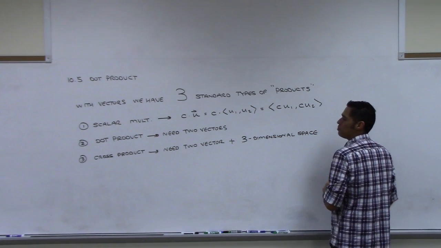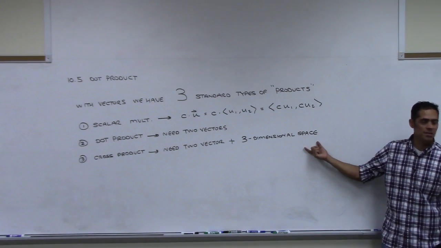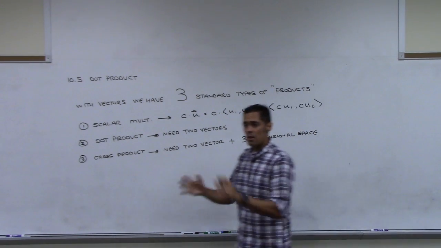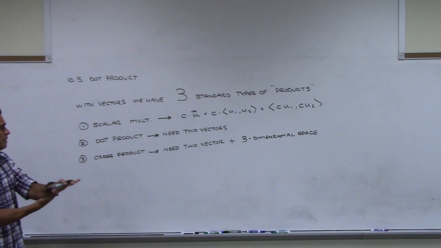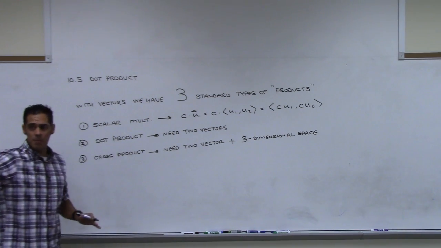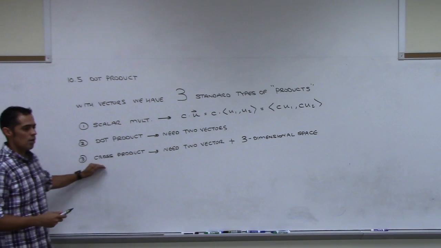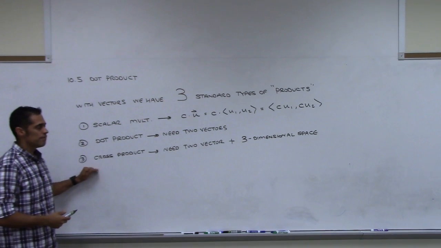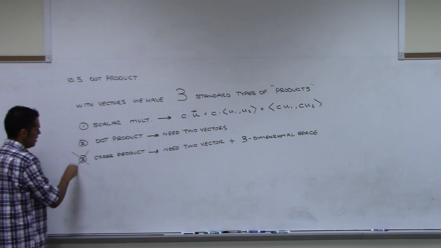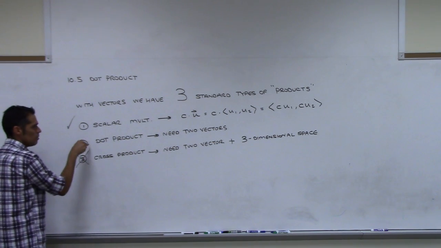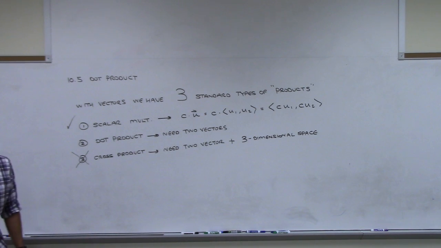And that means we are not going to do the cross product because all the vectors that we are dealing with live on a flat sheet of paper. If you start talking about vectors in 3-dimensional space, then you can start talking about this cross product. So this one is kind of off limits for now. This one we've done, and now we're talking about what the dot product is.